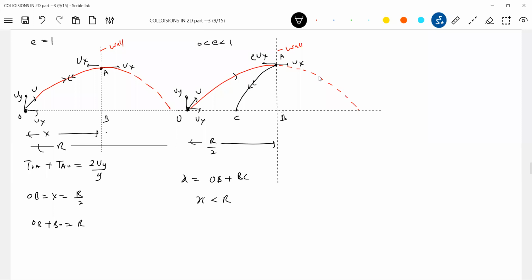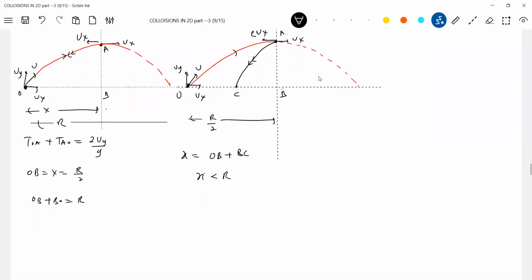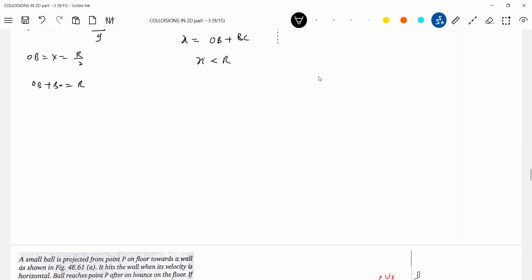Now, instead of colliding at the highest point, let it collide before reaching the highest point. So I'll throw the ball. Before reaching the highest point, it's going to collide.